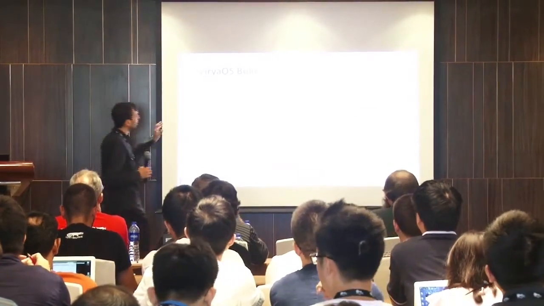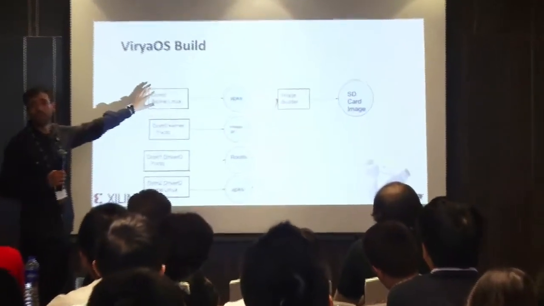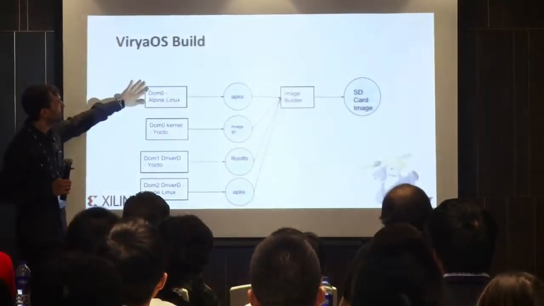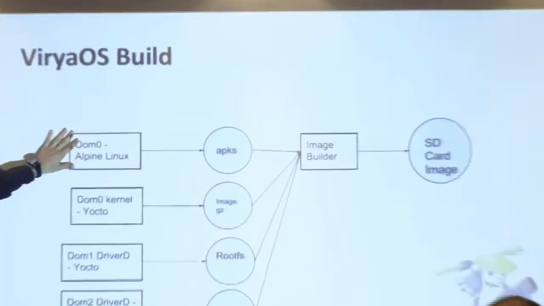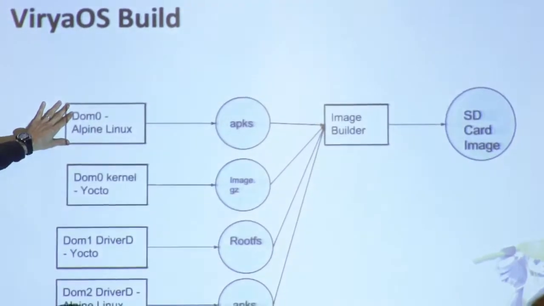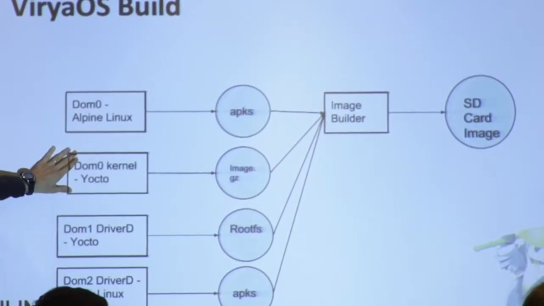So in this picture, all the white squares run as containers. In this example, we have the Dom0 rootfs based on Alpine Linux running in a container, and the Dom0 kernel built based on Yocto running in another container.